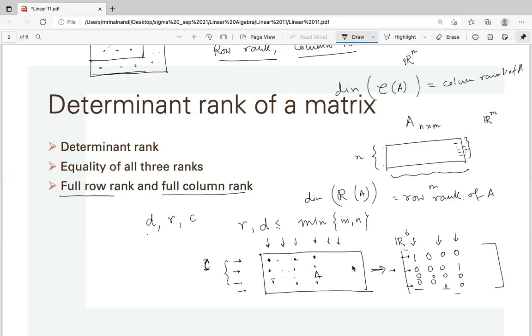So that means if row rank is 3, determinant rank cannot be less than 3. We already get a 3 cross 3 non-singular submatrix, but it may be 4. Can it be 4? No, it can't be more than 3, because in that case, after row reduced echelon form, you would get a 4 cross 4 elementary submatrix.